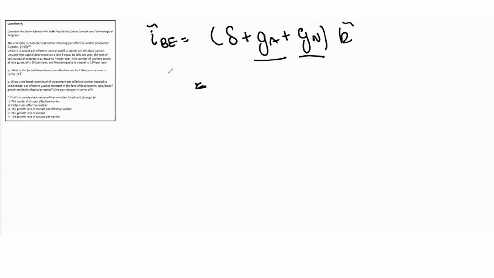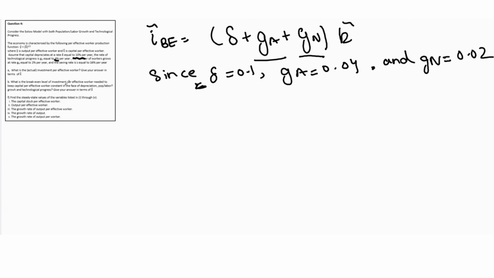Now delta is 0.1, since the depreciation rate is given as 10%. g_A, technological progress, is given to us as 0.04, and g_N is equal to 0.02, or 2%. So you can write I tilde break-even, the break-even level of investment per effective worker, as 0.1 plus 0.04 plus 0.02 times K tilde.